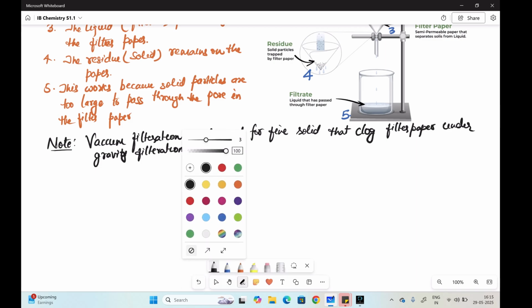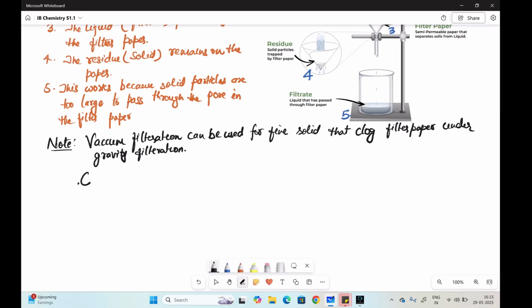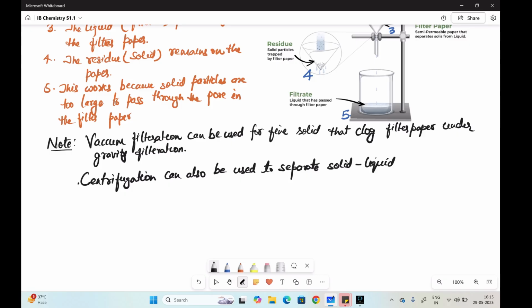We can say centrifugation can also be used to separate a solid-liquid mixture, right?